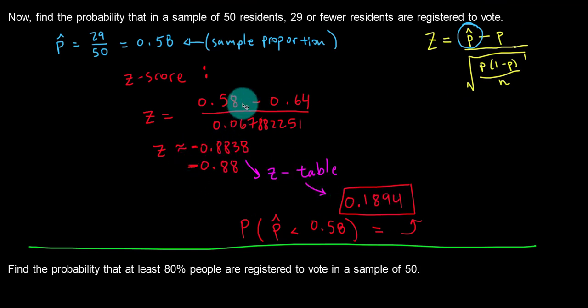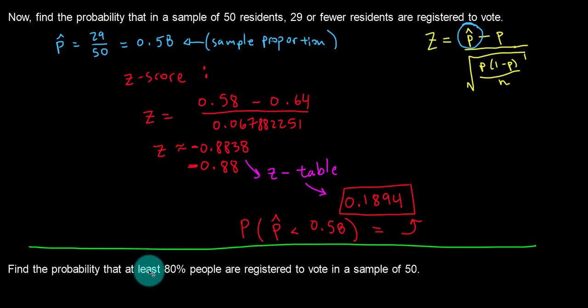What do you notice, though, that's different about these two questions? In the first one that we've done, we were told a certain number of people that are registered to vote, and we turned that into a proportion. Here, we are already given a proportion, so we don't have to do that division.